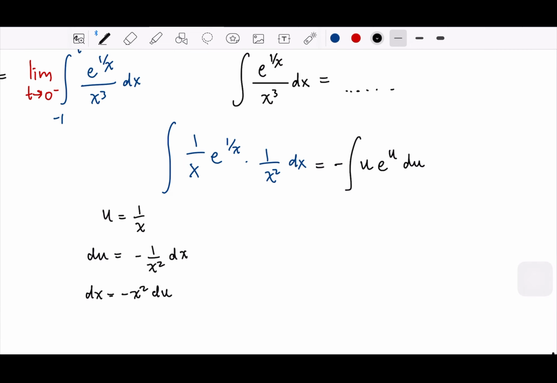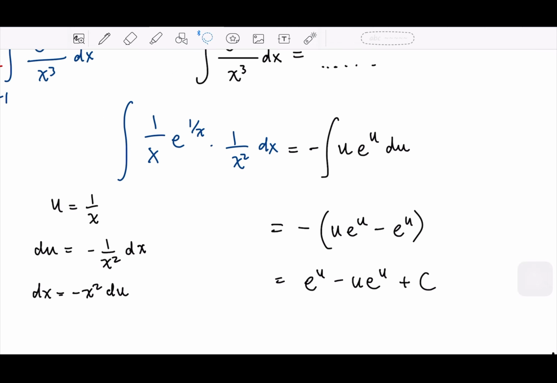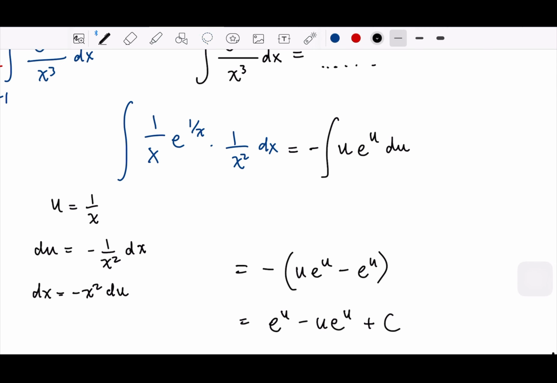So we can integrate by parts. This will be u e^u minus e^u, and this will be e to the power of u minus u e^u plus c. Okay. Now, if you are confused on how we get this, we can take this as derivatives, and this as integrations.